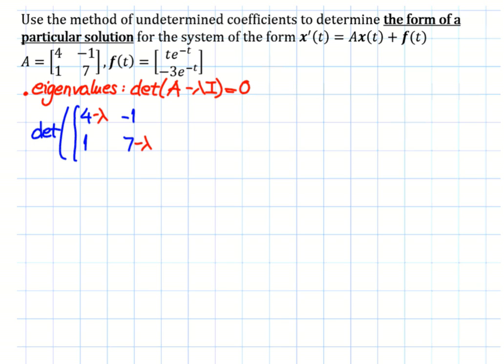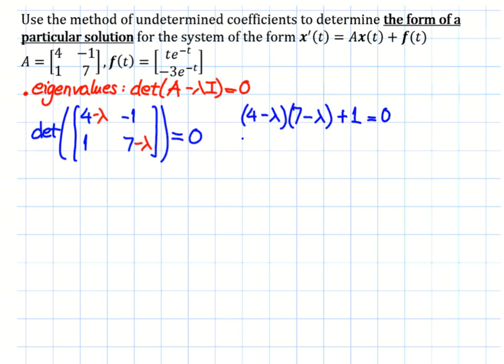Minus lambda on the diagonal, and we just find the determinant. 4 minus lambda, 7 minus lambda, minus -1 becomes +1, equal to 0.